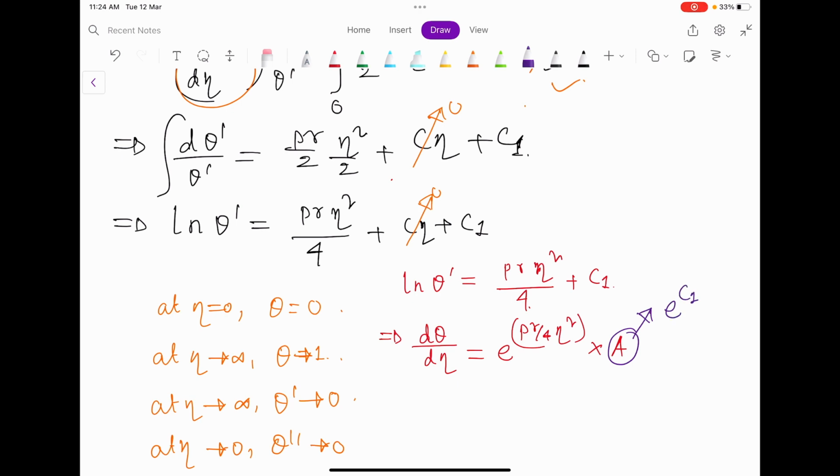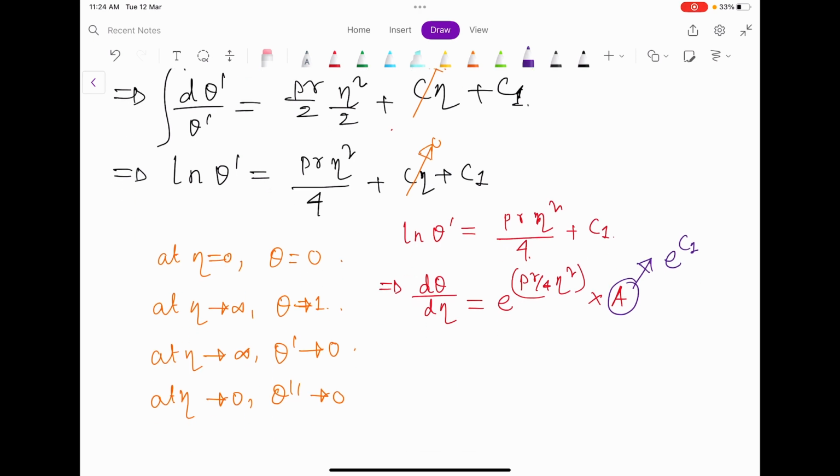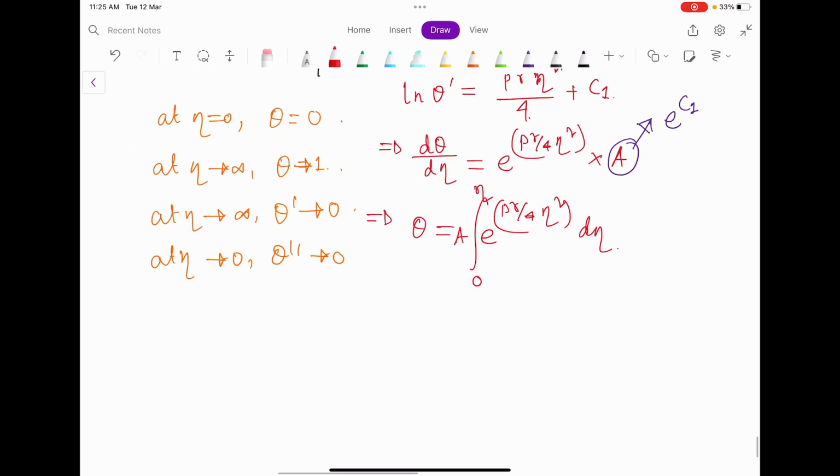Now I have to find this a. So theta is e to the power Pr by 4 eta square, a I can take out, d eta from 0 to eta.